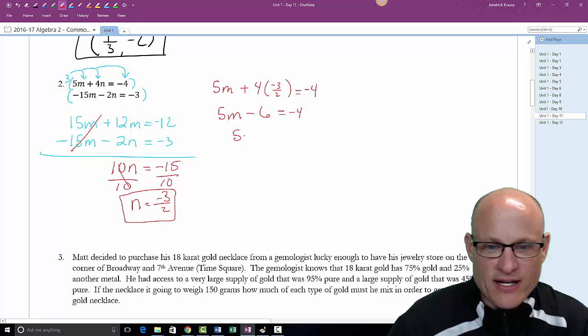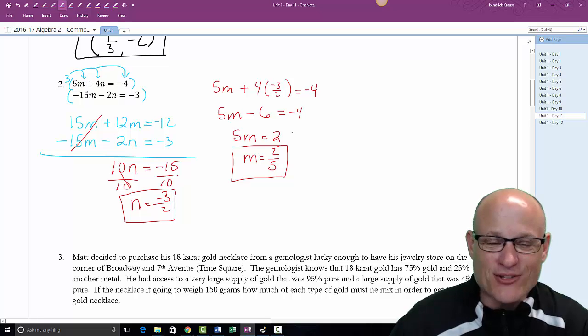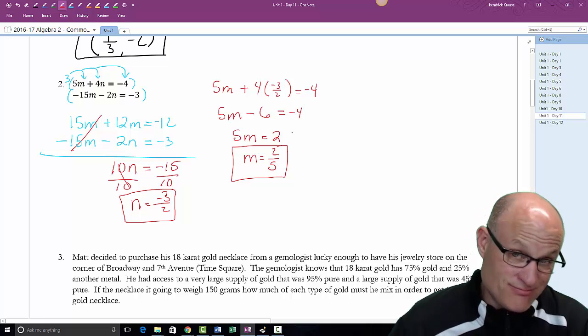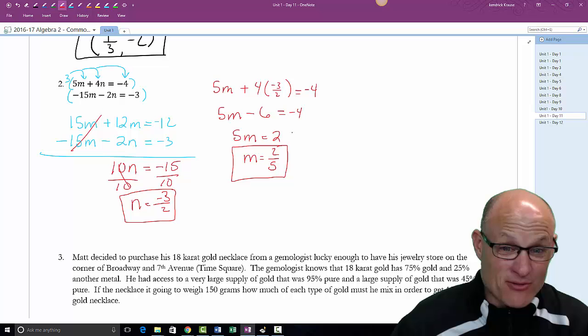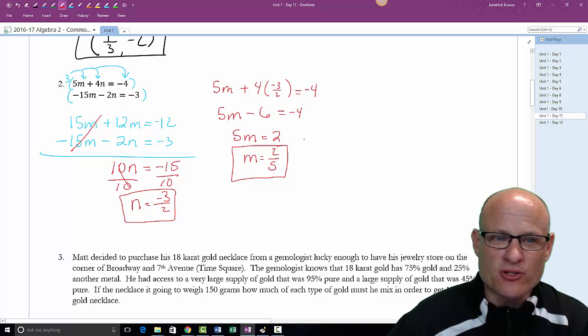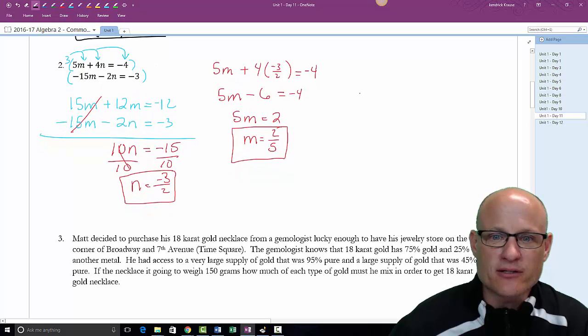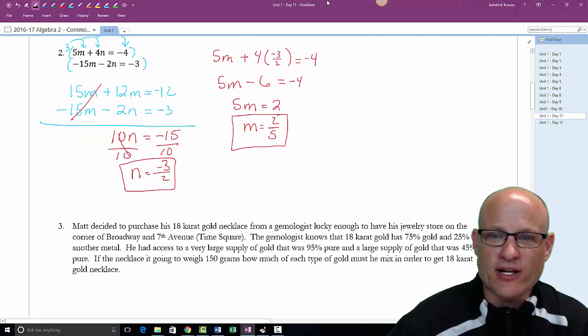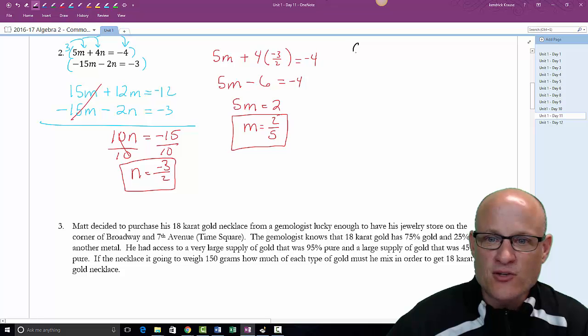Add 6, I get 5m equals 2, or m equals 2 over 5. I know we all hate fractions, but I think those might actually be the right answer. So let's just do our check. I'll do a check in black. All right, let me see if my big head's out of the way. Get up as high as I can. I'm going to check it in that second equation. So check is my check.